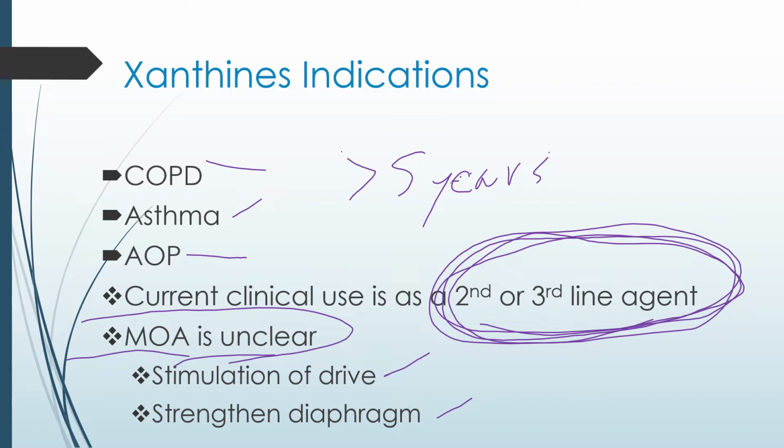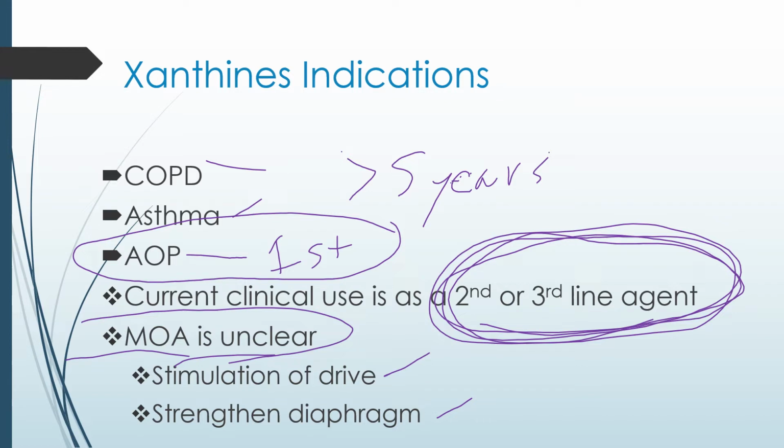However, unlike COPD and asthma, it's a first-line treatment for that, right? Before we take this premature baby off the ventilator, one of the things that we might start is giving them caffeine in an IV dose, and it's called caffeine citrate.